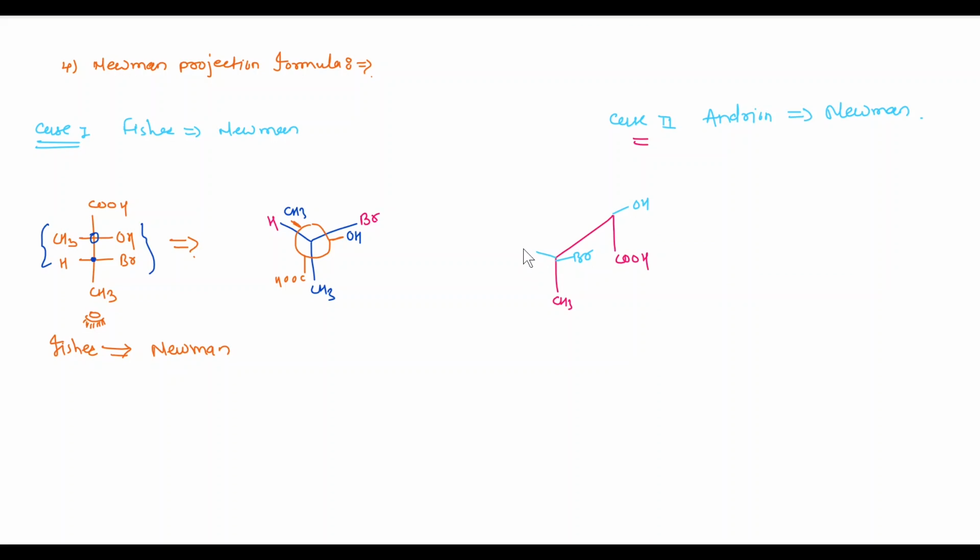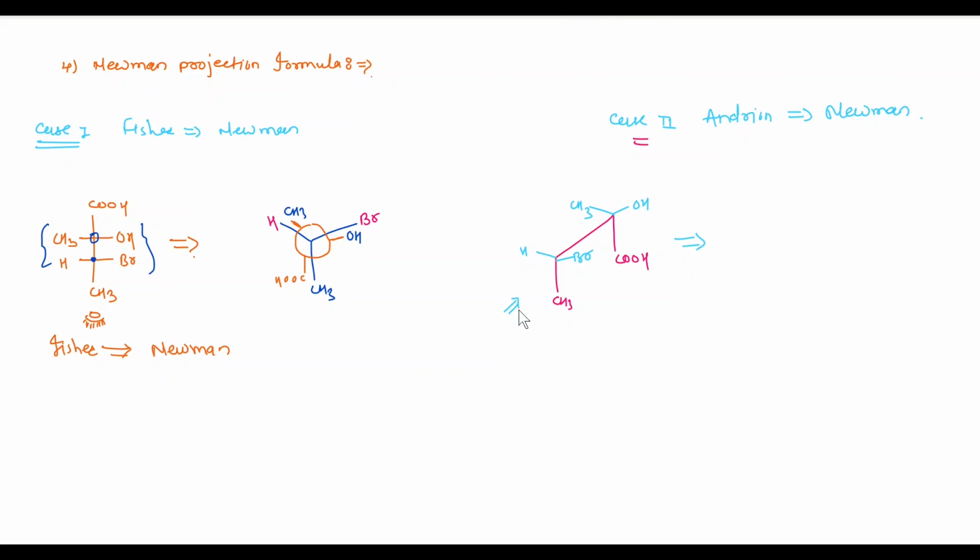Here on the left hand side is hydrogen, and for carbon number 2 there is CH3. Convert this structure into the Newman projection formula. This is easier than converting from the Fischer projection, though for new members it is somewhat difficult.